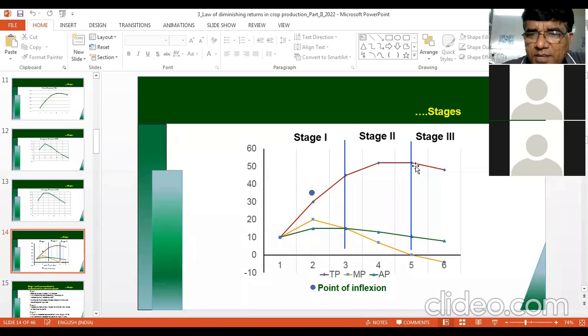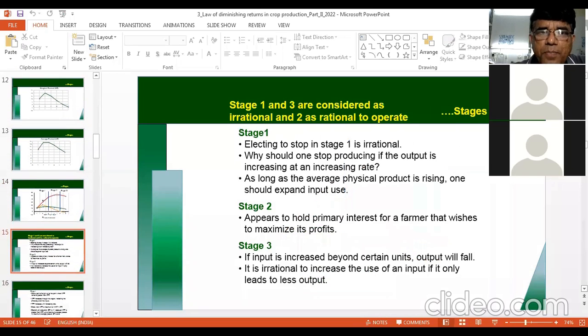Then in stage 3, your TP falls, your AP falls but is positive, and your MP becomes negative. So these are the things you need to remember, you need to learn. Stages 1 and 3 are considered irrational stages, and 2 is the rational stage where you need to operate.